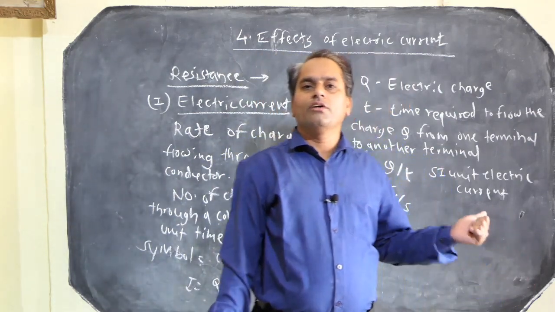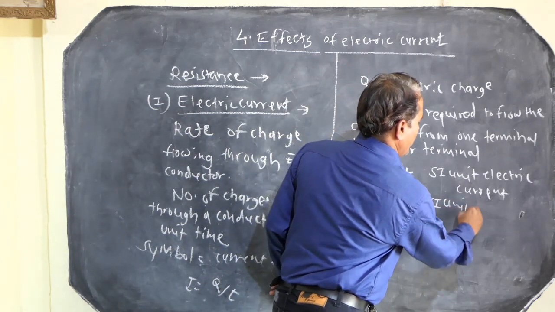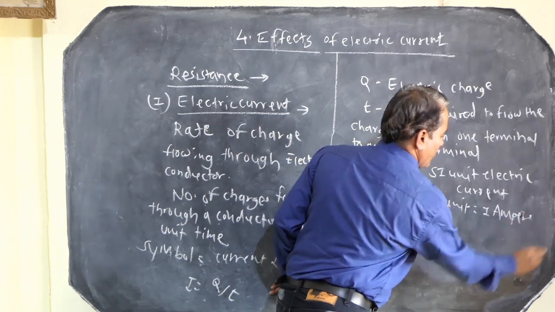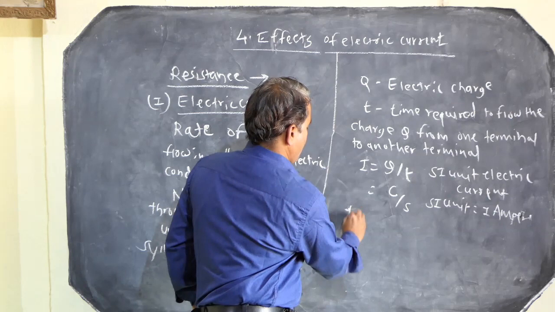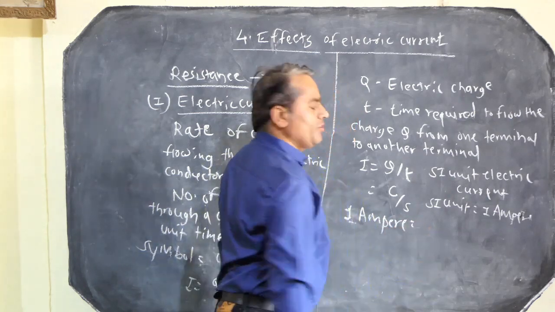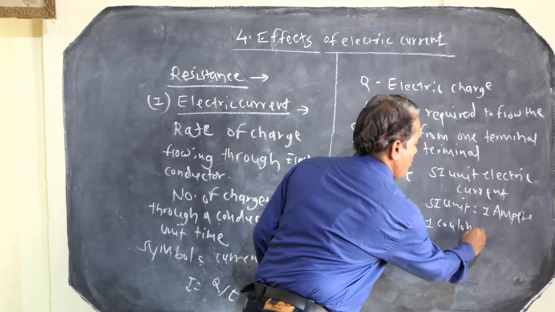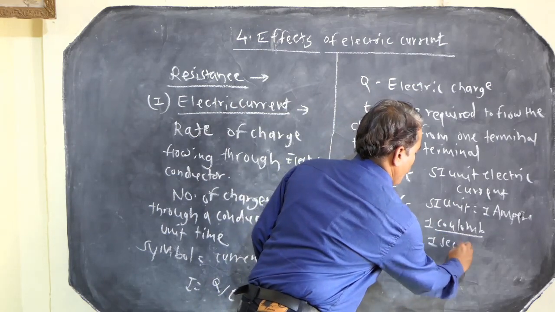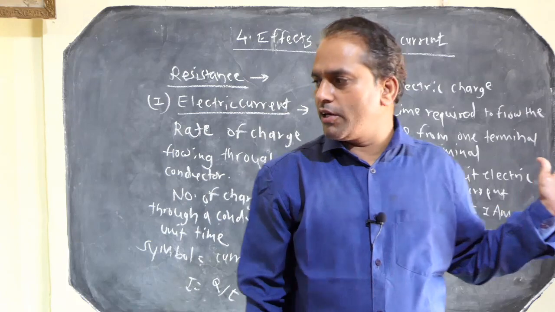The standard unit, that is the SI unit, is the ampere. So 1 ampere is equal to 1 coulomb per 1 second. That is the property of the electric current.